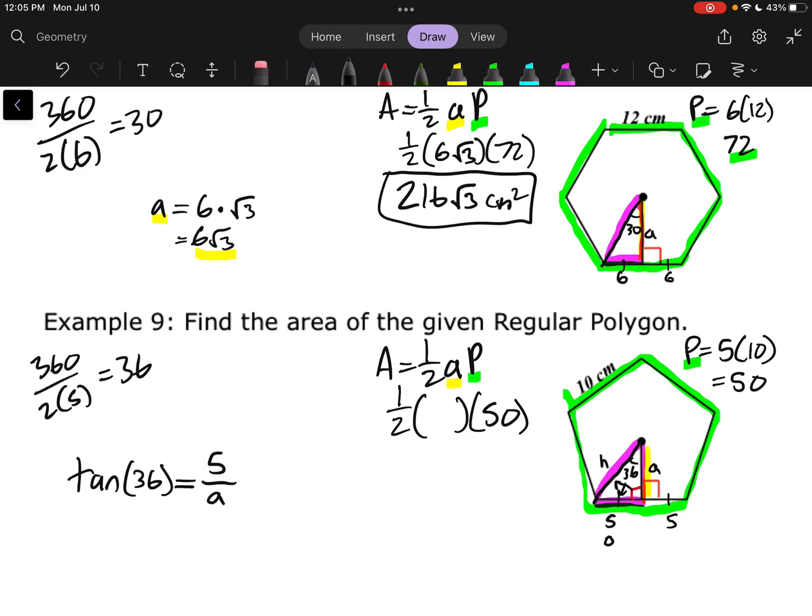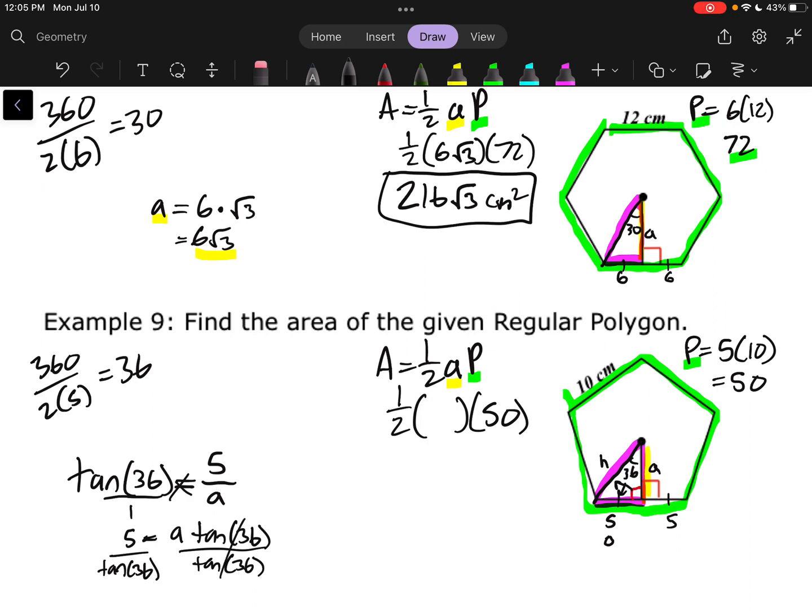I'm going to put this side over 1 and cross multiply. I'm going to get that 5 is equal to a times tangent of 36. And then I will divide by tangent of 36.